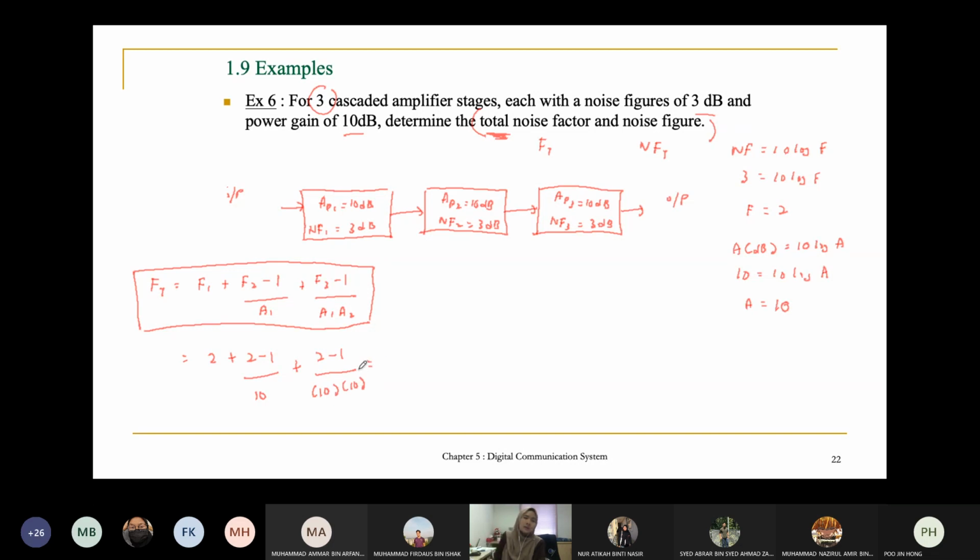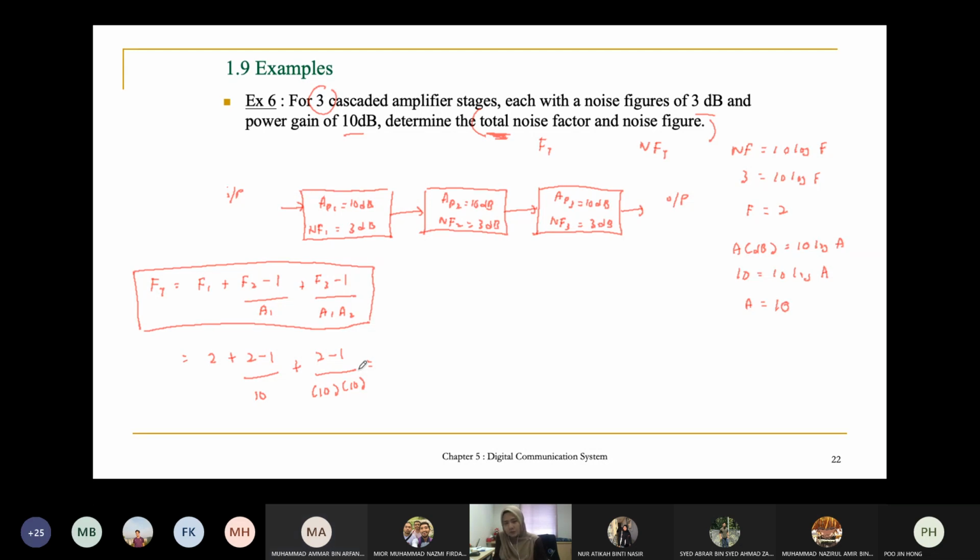So you will get the answer equals to 2.15. 2.11. Okay, so my answer is 2.11.